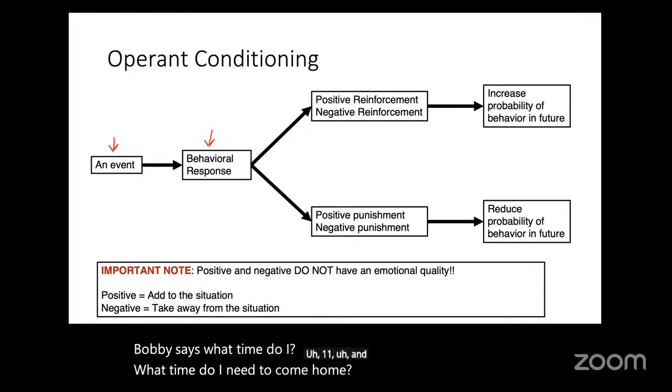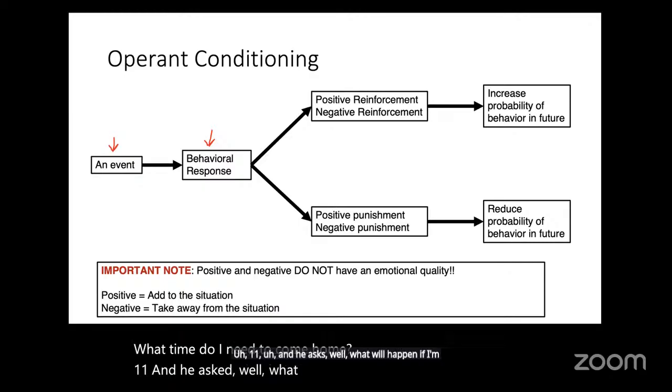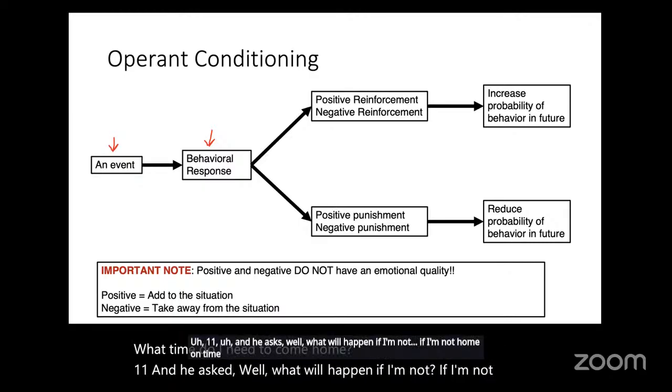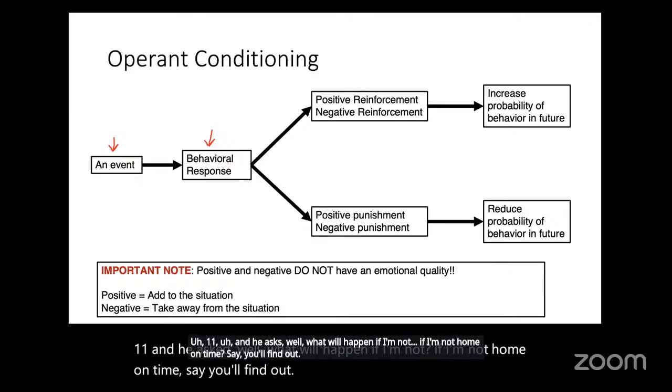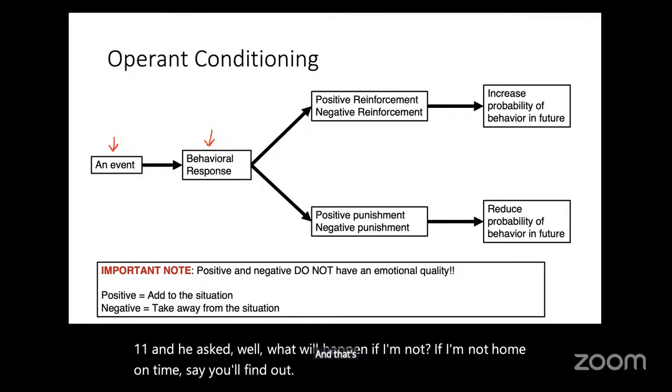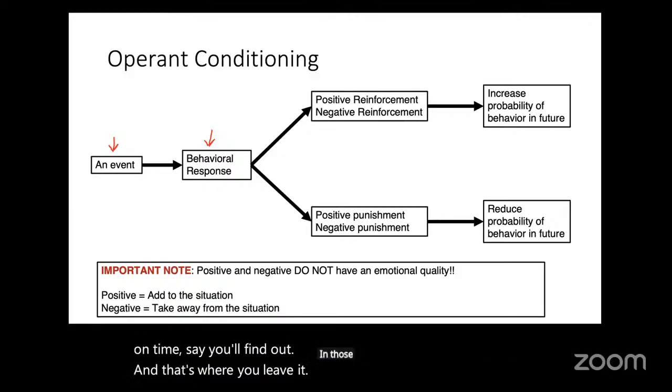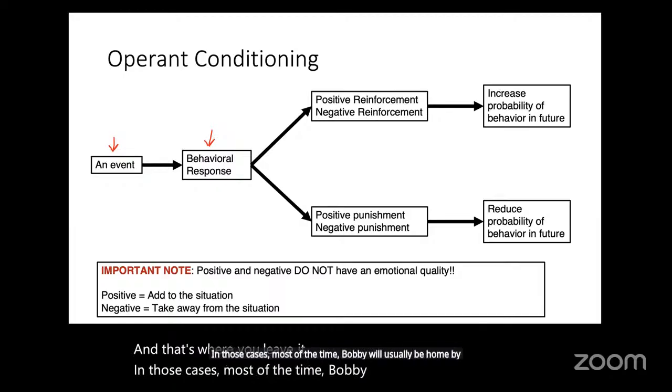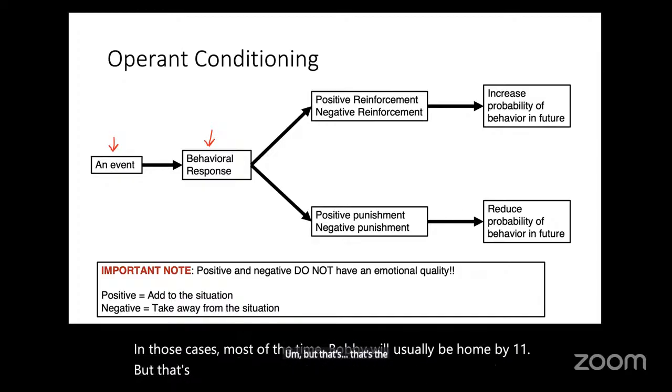And he asks, well, what will happen if I'm not home on time? Say, you'll find out. And that's where you leave it. In those cases, most of the time, Bobby will usually be home by 11. But that's the kind of idea of element of choice.